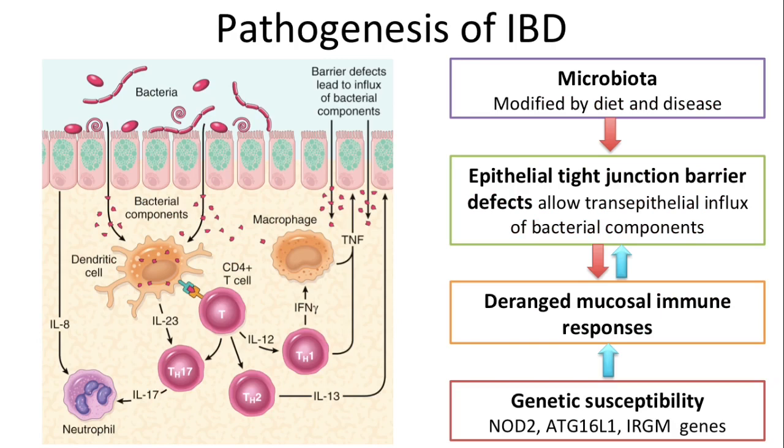Okay, so have a look at that in terms of the diagram. We can see here that the content within our gut lumen is rich in bacteria, and this bacterial population or microbiota can be modified by diet and disease. Okay, so in the setting of IBD, there are barrier defects.